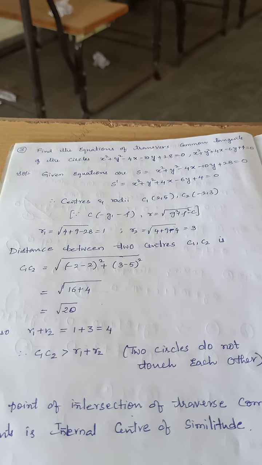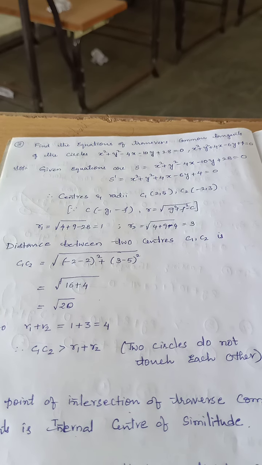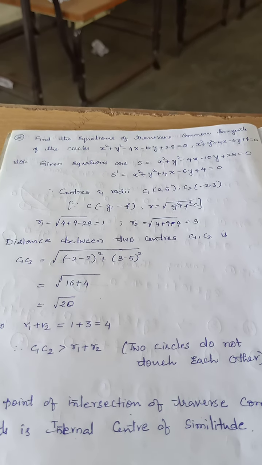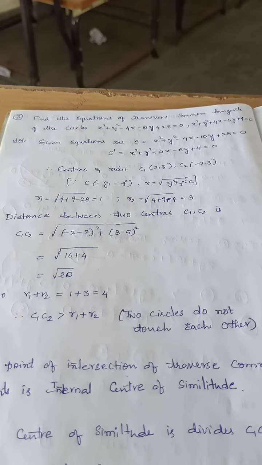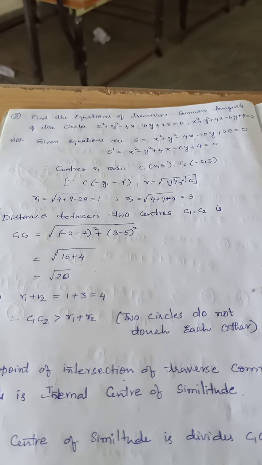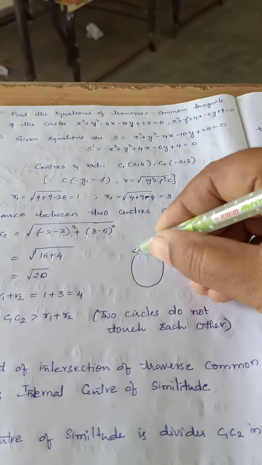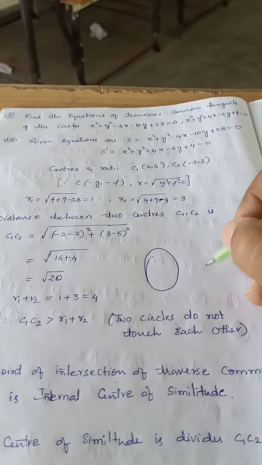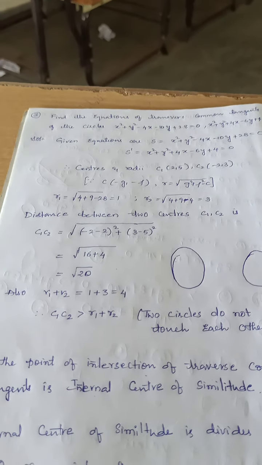Comparing these two, the distance between the two centers is greater than the sum of the two radii. With the help of this, the two circles do not touch each other.